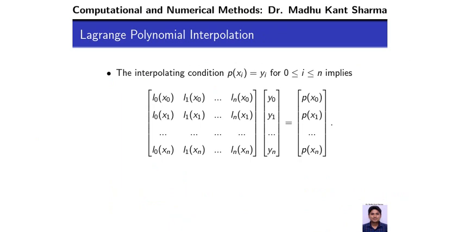And the interpolating condition P of xi equals yi for 0 to n implies the following, where you have seen the coefficient matrix is reduced to the identity matrix, with C0, C1 and so on Cn.